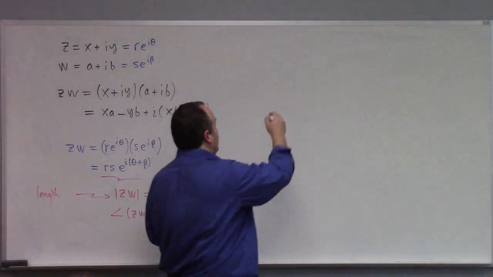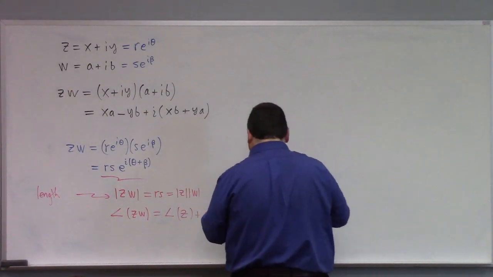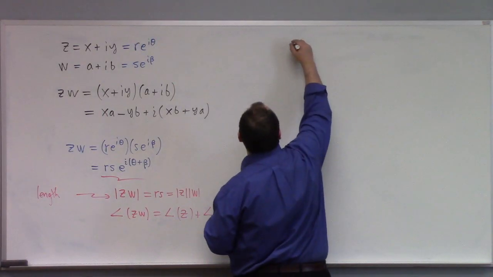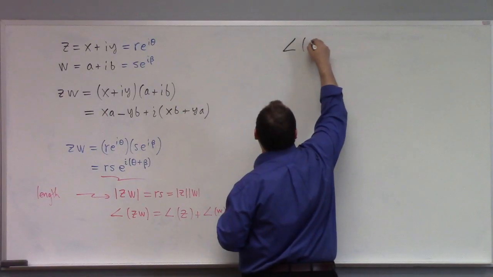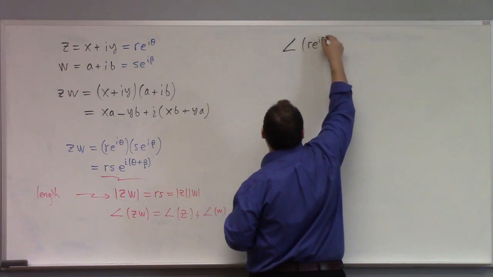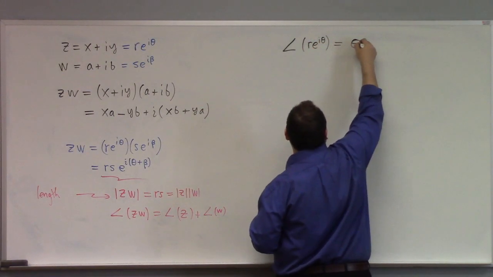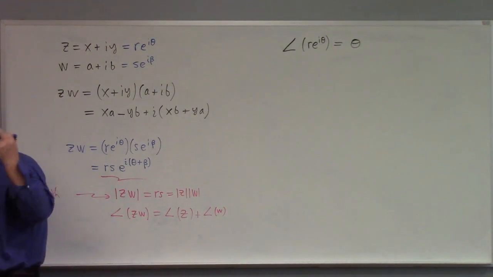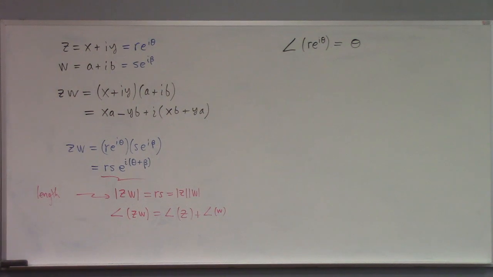Right? If you'll allow me the notation, angle of r e to the i theta, let's say that angle is theta, right? I'm glossing over some ambiguities here because the angle is not defined uniquely. We always have the 2 pi degeneracy of the angle, right?